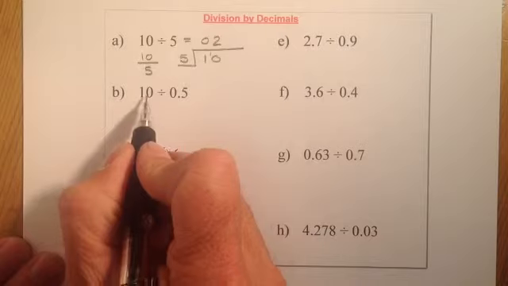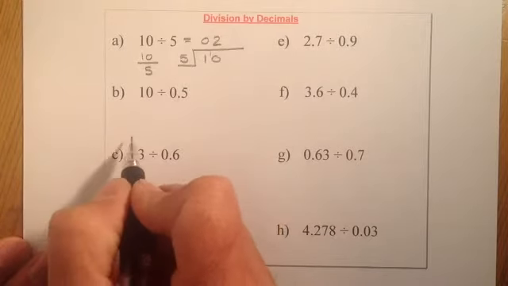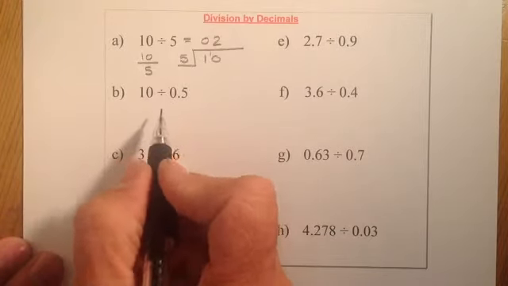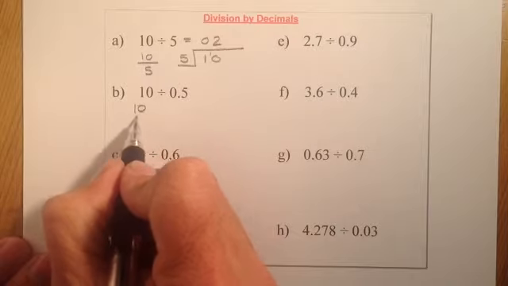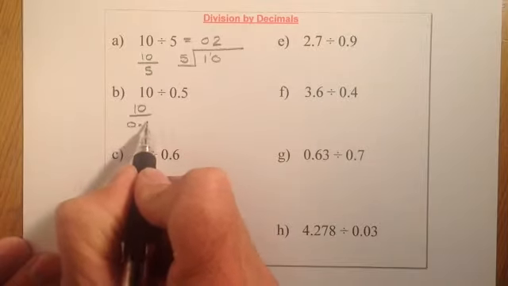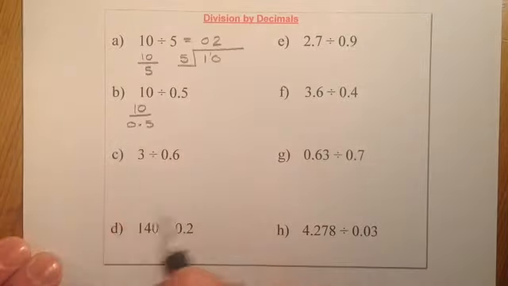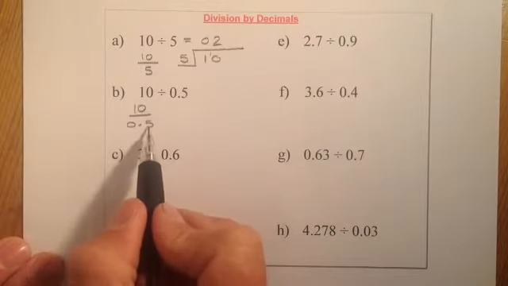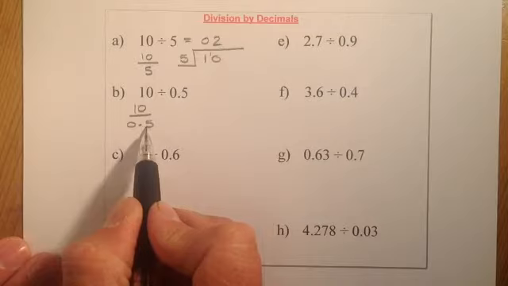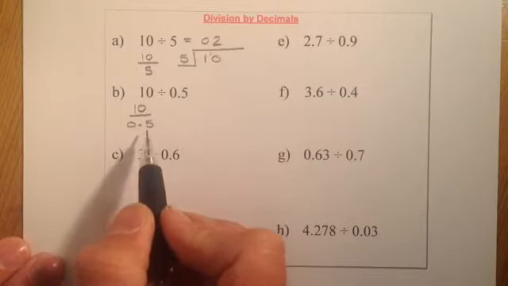So let's divide 10 by 0.5. So we're dividing 10 by a half, okay? So what I'll do is I'll just write it as 10 divided by 0.5. Now, what I'm going to do with this, I'm going to try and get a whole number on the bottom, on the denominator. So an easy way to do that is to make an equivalent fraction.